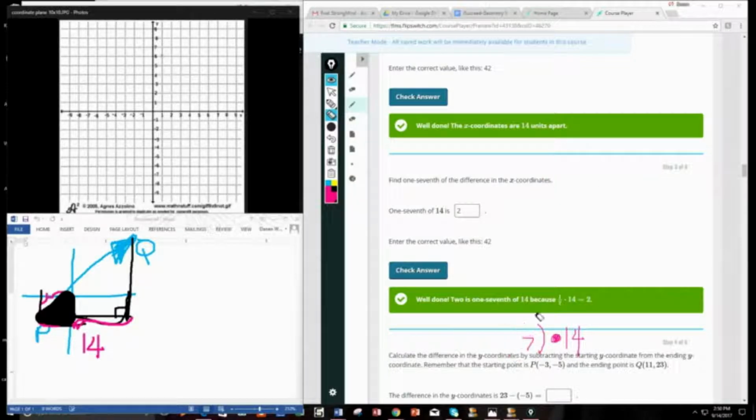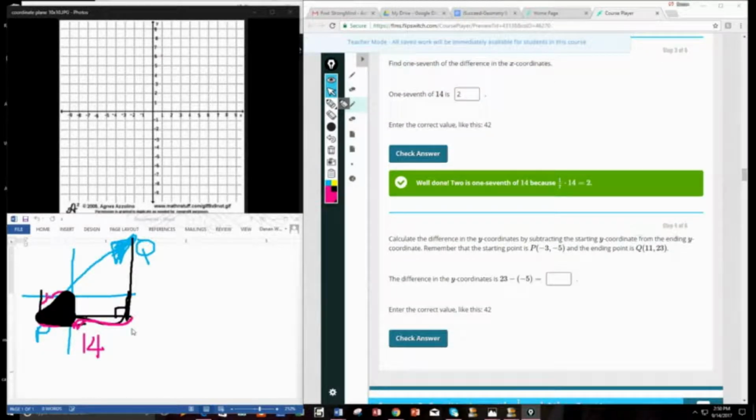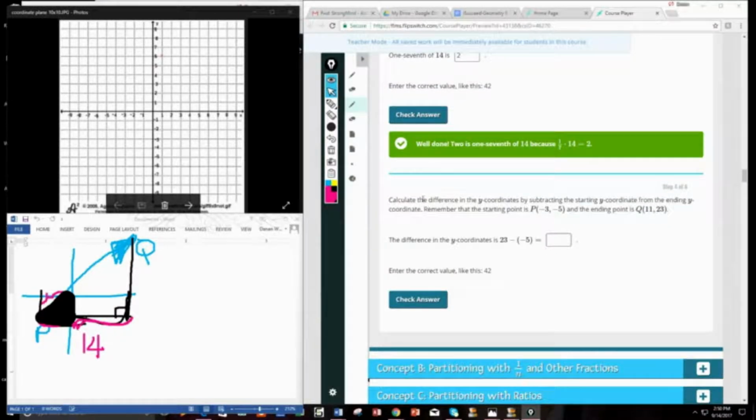We're halfway there. The next thing we want to find, I'm sure this is telling us, is the vertical total distance, so we can find 1/7 of that distance. So calculate the difference in the y-coordinates by subtracting the starting y-coordinate from the ending y-coordinate.